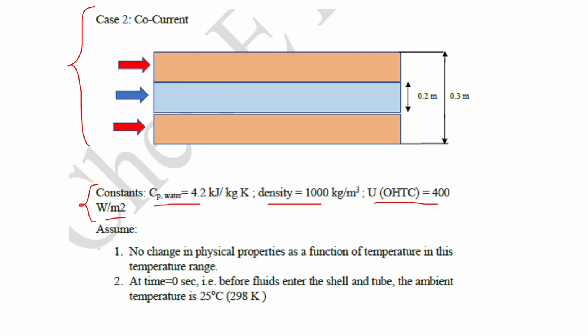We can assume a few things: no change in physical properties, obviously, and at time t equals 0, before the fluid enters the shell and tube, we'll assume the temperature is at 25 degrees Celsius.